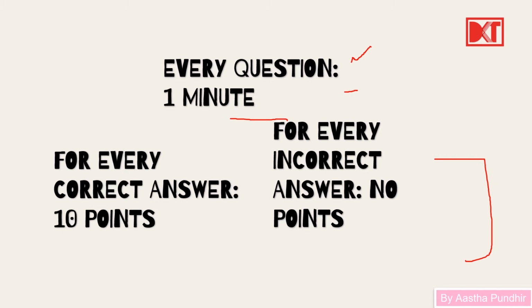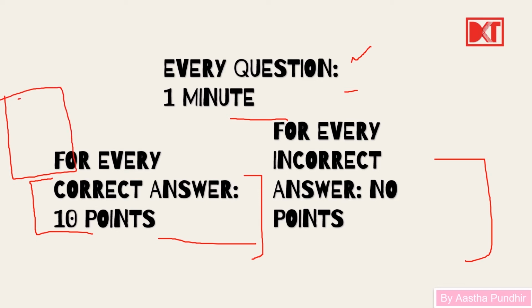Okay, so for every correct answer, 10 points. This is just for your own little game where you can try to maintain a notepad. Here you write the name of the chapter and then the question, and if it is correct you can give yourself 10 points.